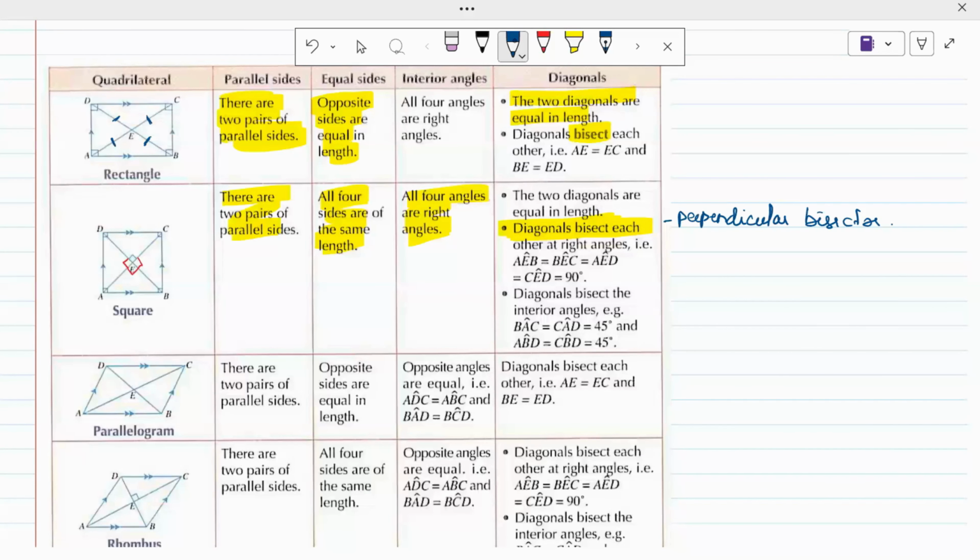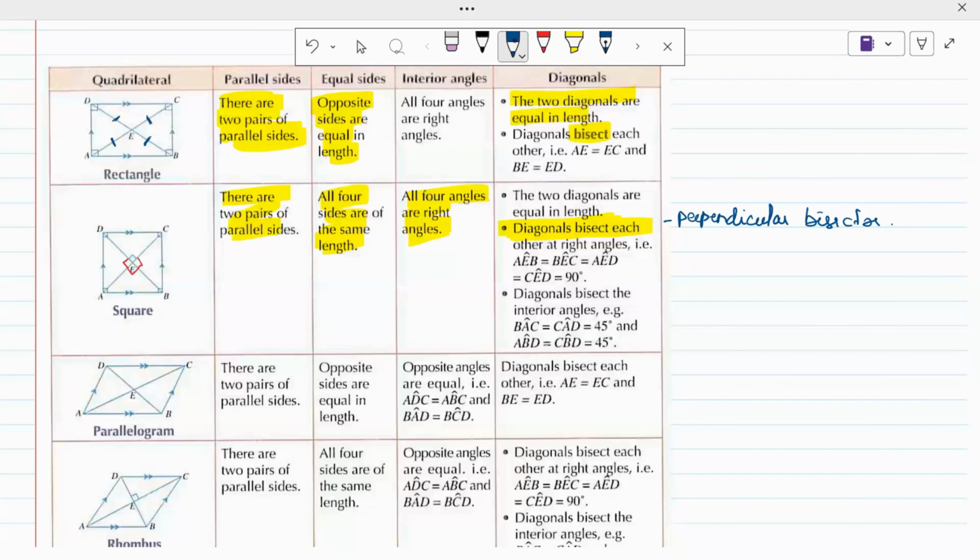Okay, parallelogram. A parallelogram is a tilted version of a rectangle. So parallelogram and rectangle have certain properties that are similar. In a parallelogram, we have two pairs of parallel sides. Opposite sides are equal in length, yes.